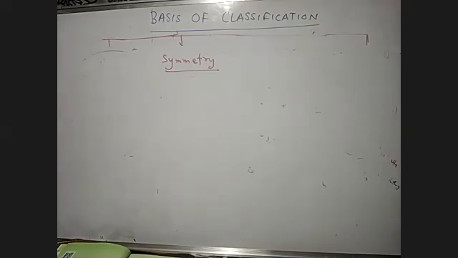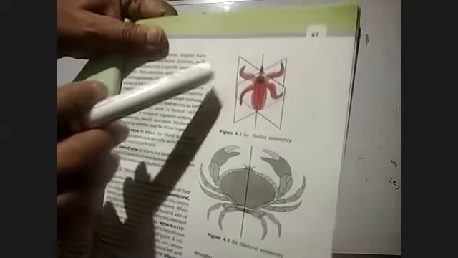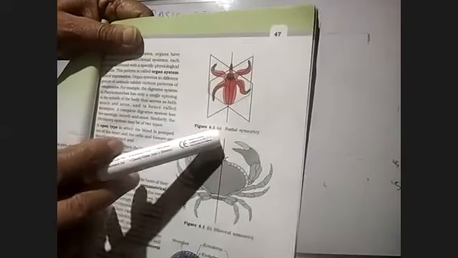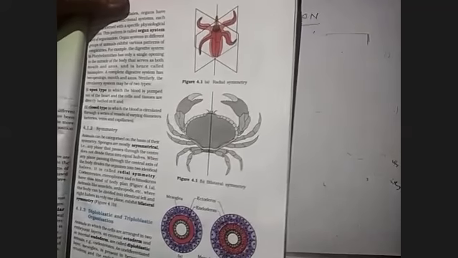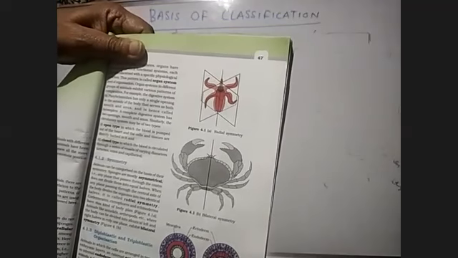This is called symmetry. So here in the book, if we look at the figure, they have the radial symmetry and the bilateral symmetry. So we will discuss radial, bilateral, and also asymmetrical.